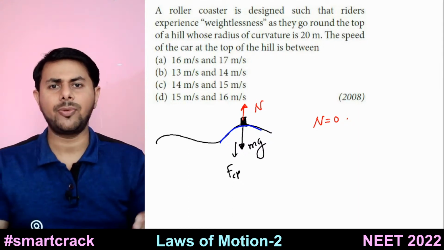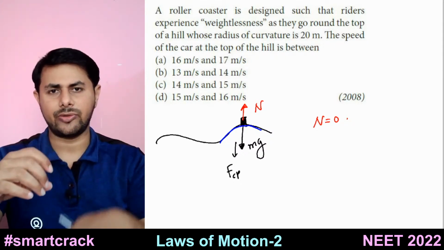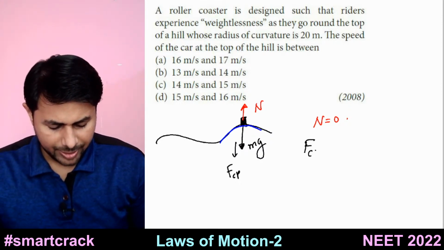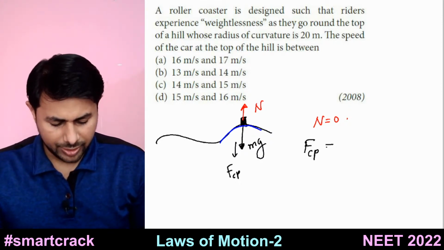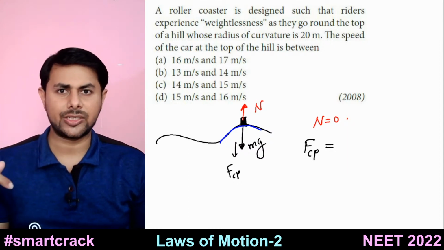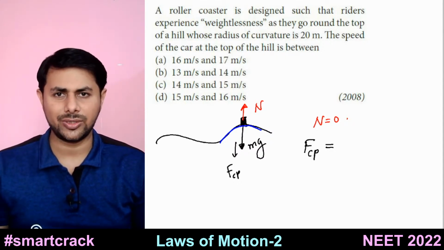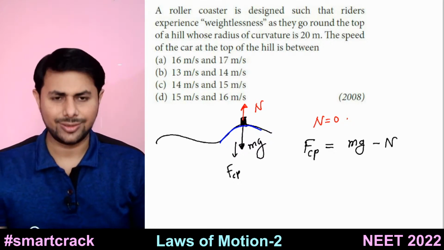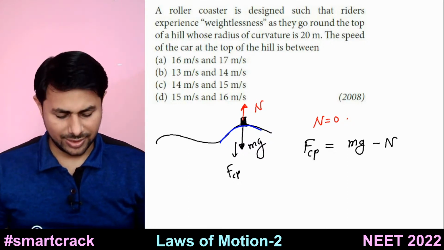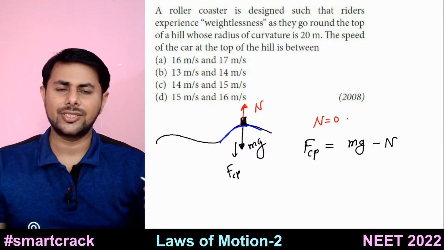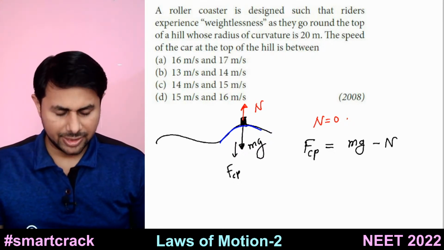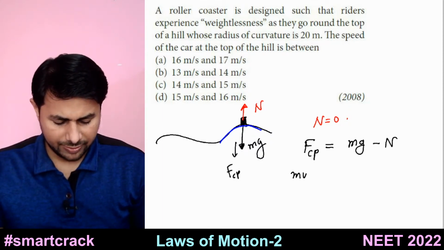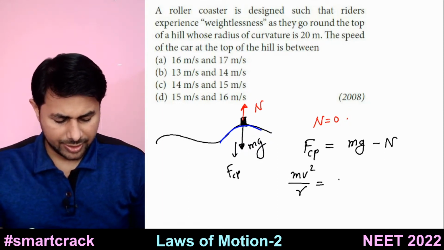You are at the top of the hill, so the centripetal force will be downwards. This downward centripetal force must be equal to the total downward force, which is weight, minus the total upward force. So it is mg minus the normal reaction. The normal reaction is equal to 0, so F CP equals mg only. And it is mv square over r equals mg.